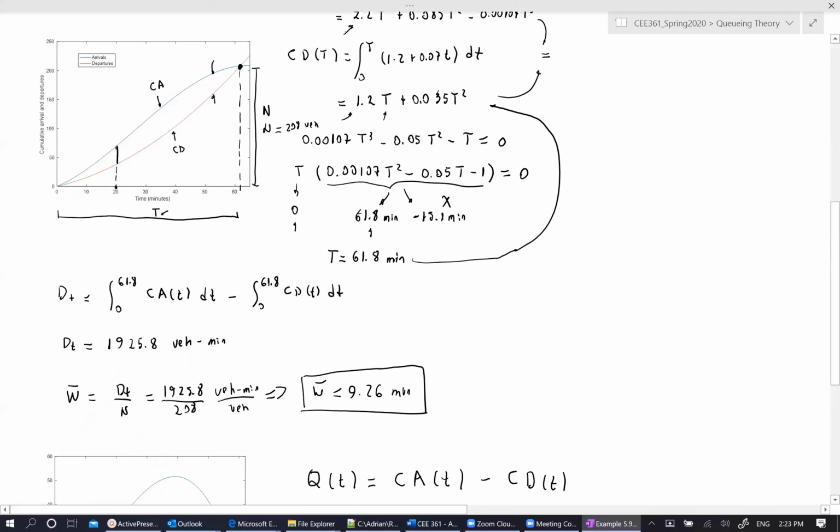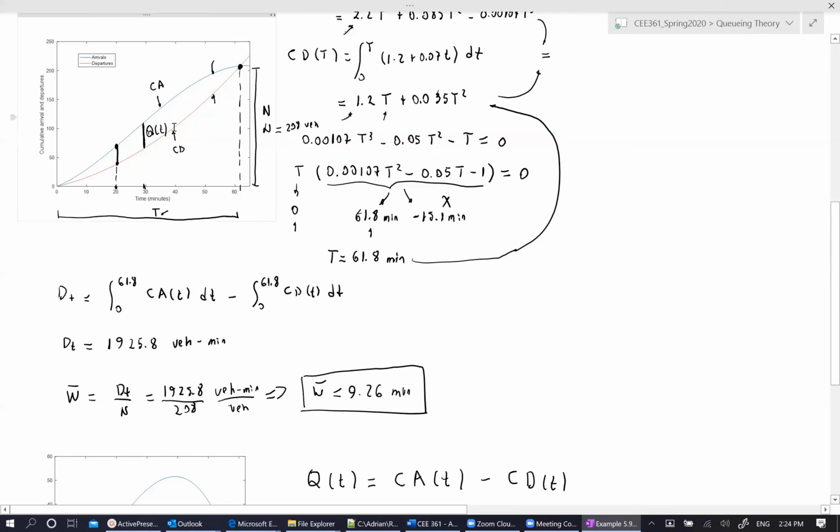It's the difference between how many vehicles arrived in the system and how many were able to depart. If I take 30 minutes, then this is the queue. So that vertical difference is Q of t for any t.